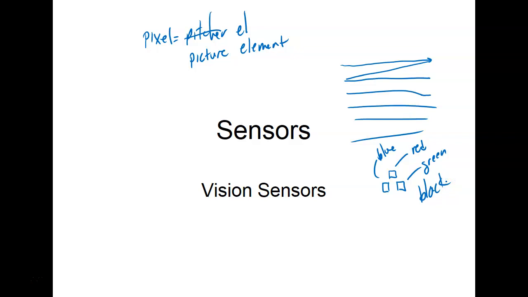Black. If you notice my screen here, it's on a black background. Normally we have a black background and then we put the pixels on top of that. We don't actually display black. We display red, green, and blue, and when we turn them off, we get black. Does that make sense?